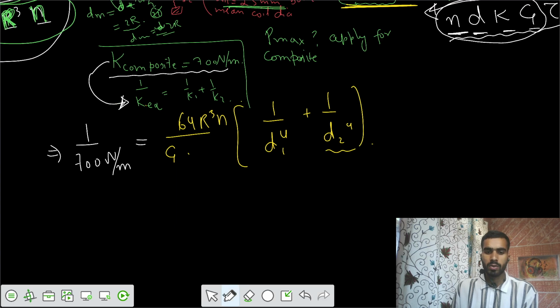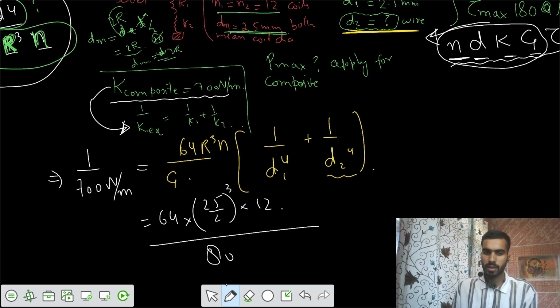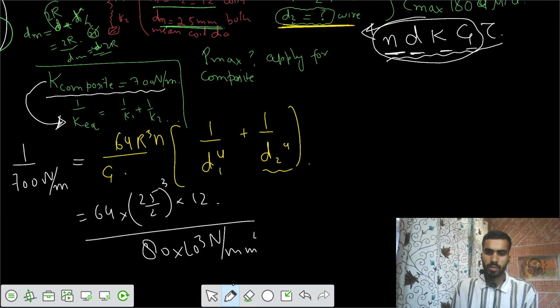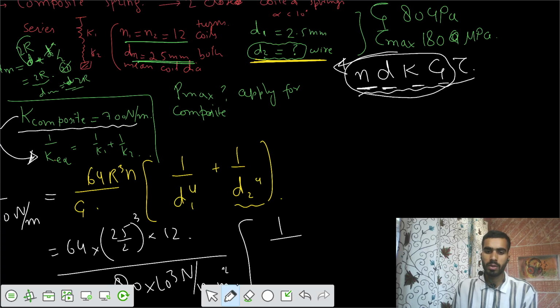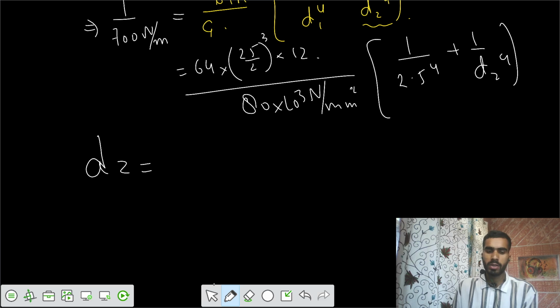We can write that 64 times r value of (25/2) cubed, multiplied by n equals 12, divided by the value of G equals 80 gigapascal, and you have 1 by diameter 1 is 2.5 millimeter, 2.5 to the power 4, plus 1 by d2 to the power 4. So solving this part, you can finally get the value of diameter 2 is equal to 2.109 millimeter.